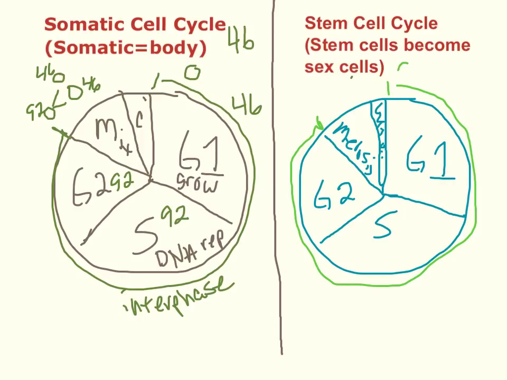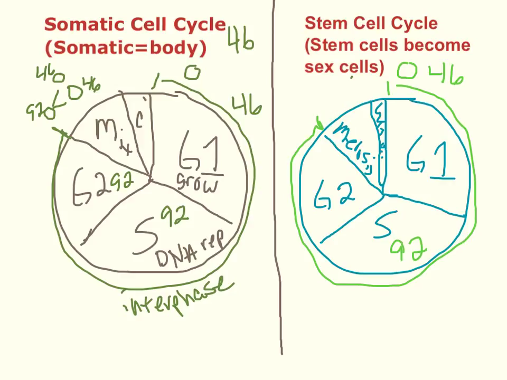And so we're starting here with a cell that has 46 chromosomes, okay? And then when it comes to DNA replication, it goes to be 92, okay?